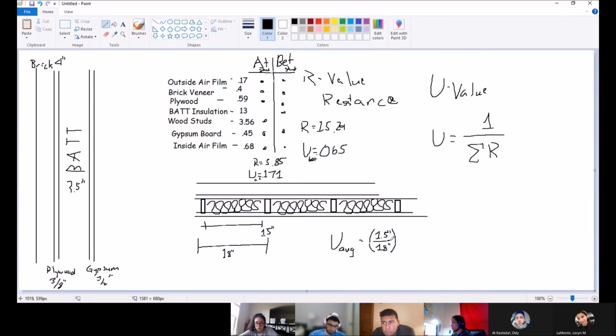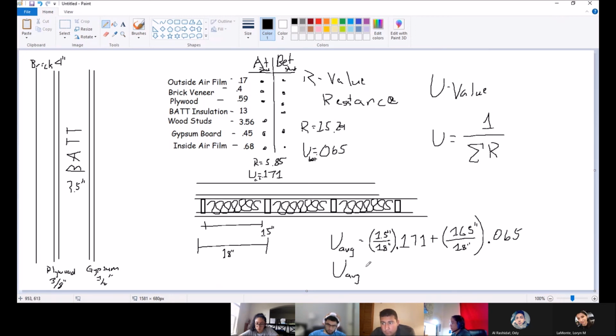Inches over inches, that becomes just a ratio. 1.5 over 18 times your U value for the studs, which would be 0.171, and then you have your U value between the studs, which is 16.5 inches over 18 inches times 0.065.